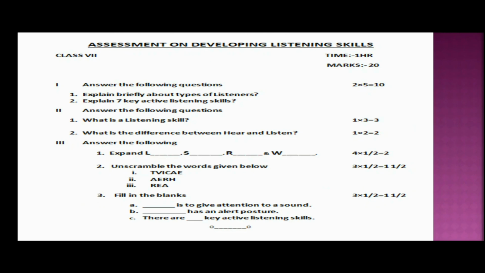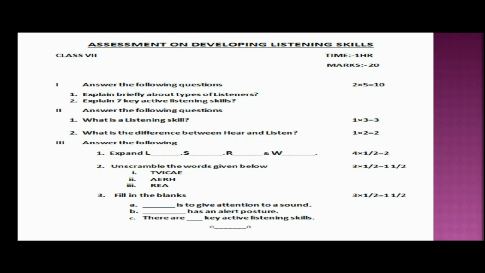And now coming to Roman number 3, answer the following. The first one is expand L, S, R and W. So these 4 blanks you have to fill, and each one carries half mark. If you answer all 4, you will get 2 marks.